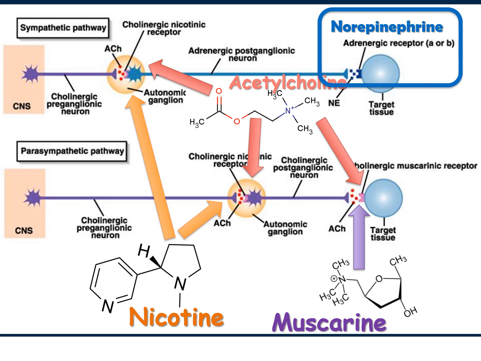So let's walk through this. In the sympathetic pathway, we have cholinergic, nicotinic, adrenergic, adrenergic. Okay. For parasympathetic pathways, it's cholinergic, nicotinic, cholinergic, muscarinic.